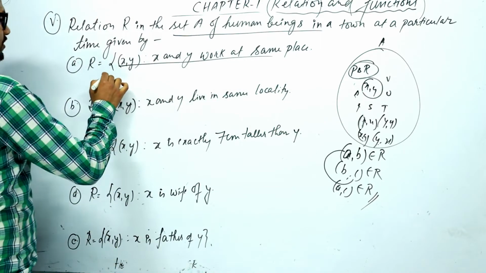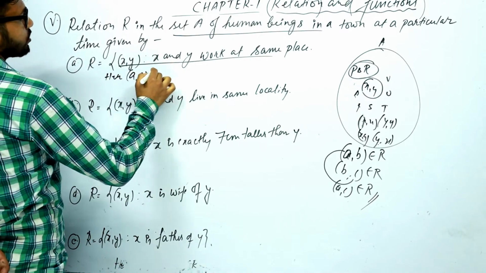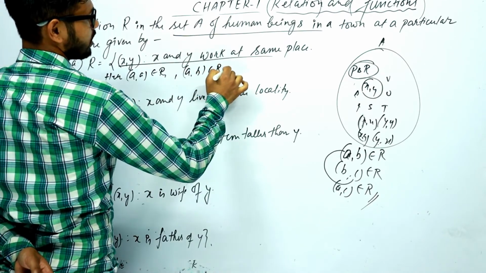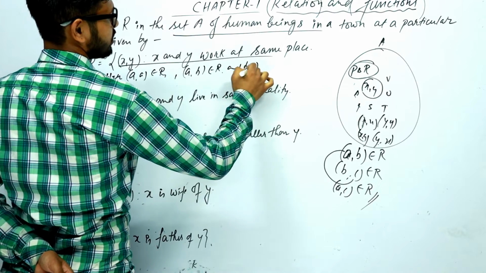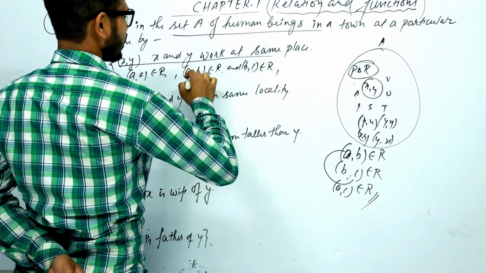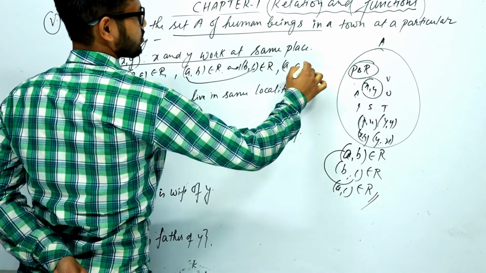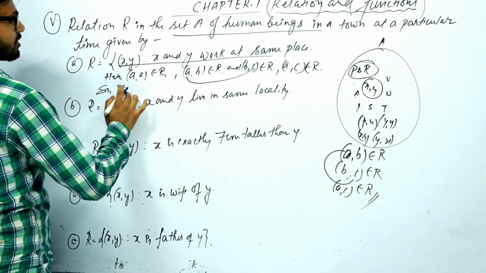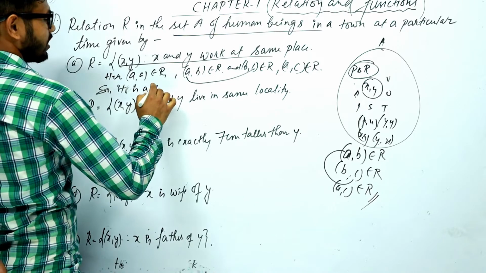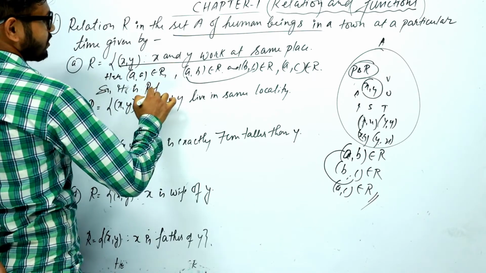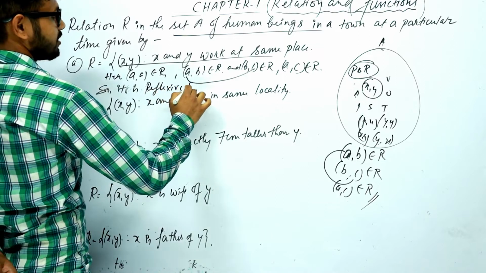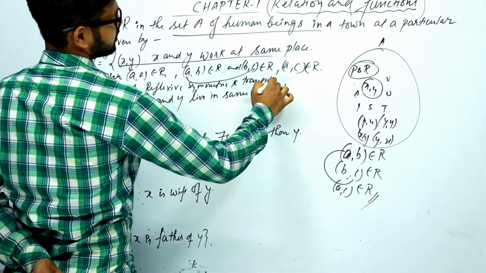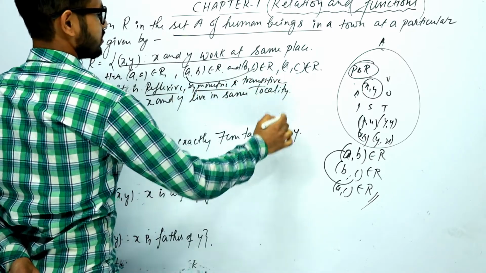So here I can say (A, A) belongs to R, (A, B) belongs to R, and (B, C) belongs to R, and also (A, C) belongs to R. Therefore, it is reflexive, symmetric and transitive. These are following the three rules.